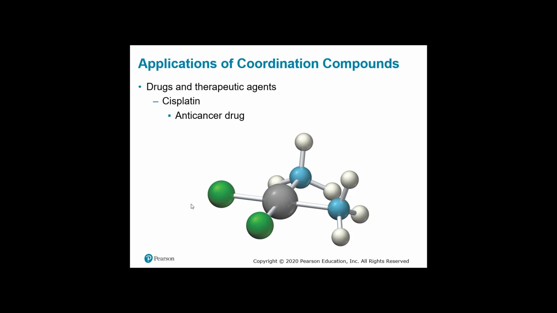Straight from your book, it's believed to function by attaching itself to the cancer's DNA and replacing the chloride ligands with donor atoms from DNA strands. So that's the cis arrangement of the ligands, but that doesn't happen with the trans. So even these geometric isomers are very important for us to understand how to use them.